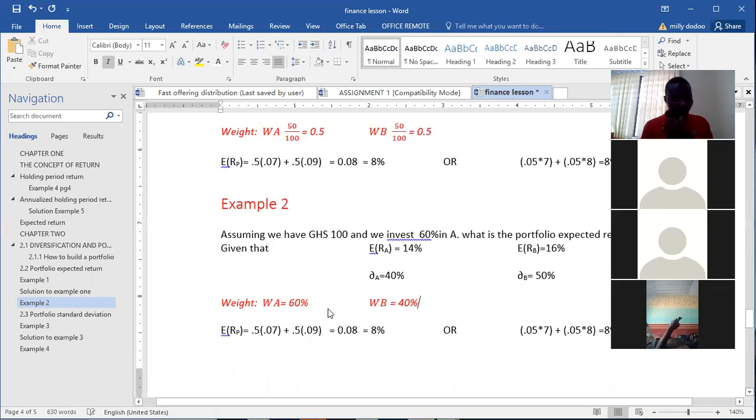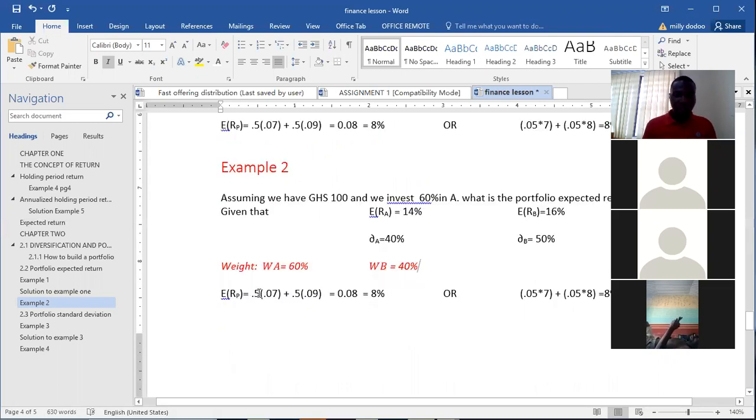Now, expected return of the portfolio. So 0.6 multiplied by 0.14 plus 0.4 multiplied by what? 0.16. When you finish, you are going to get 0.148. So when you do it like this, this is what you get, 0.148.